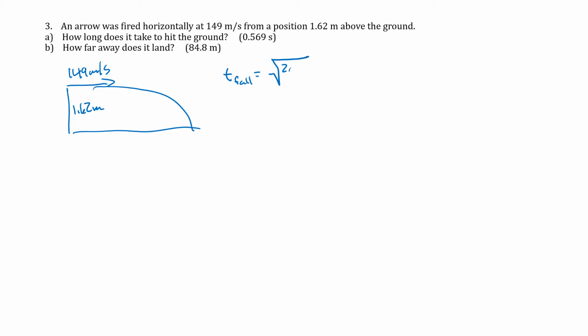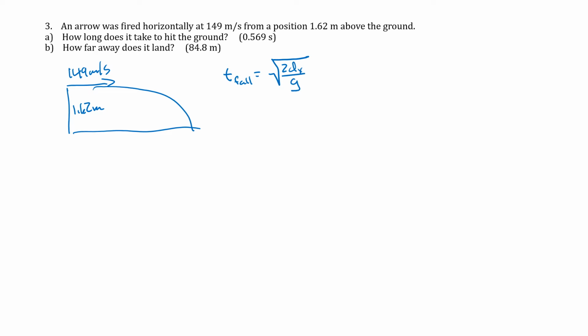Okay, question 3, an arrow is fired horizontally at 149 meters per second from a position of 1.62 meters above the ground. So here's our 1.62 meters. There's our speed of 149 meters per second, and whoop, it's going to do this. It's like everything else. How long does it take to hit the ground? For A, that's the time to fall, and that's always just going to be the square root of 2 dy over g.